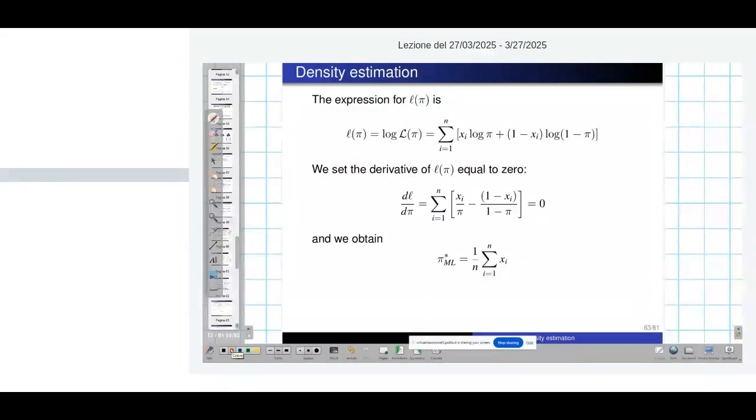To be more precise, what we are trying to do is to find the maximizer of the log likelihood under the constraint that pi is between 0 and 1. So we should enforce the constraint that pi represents a probability.